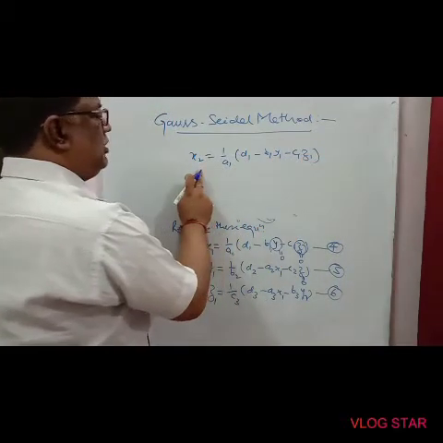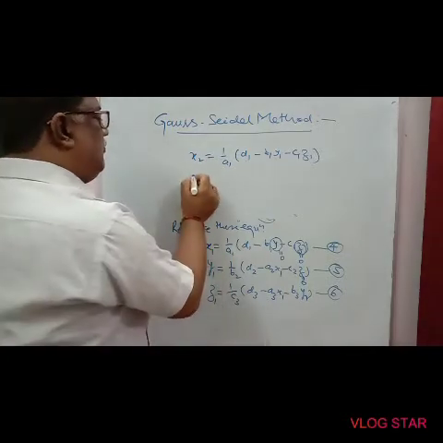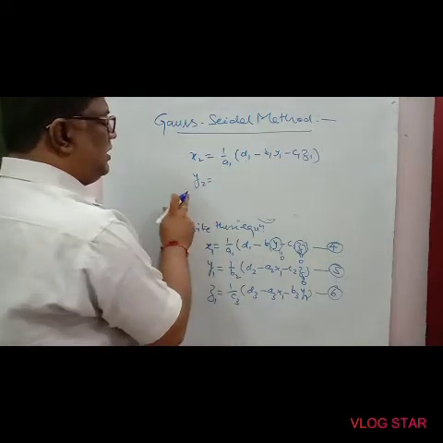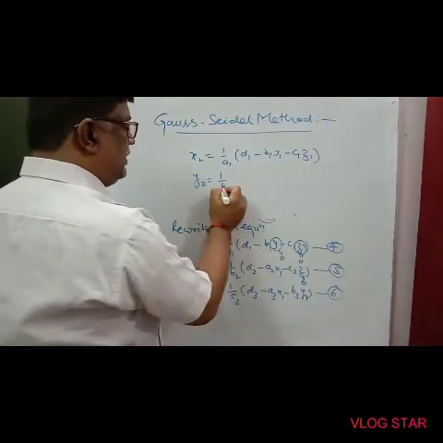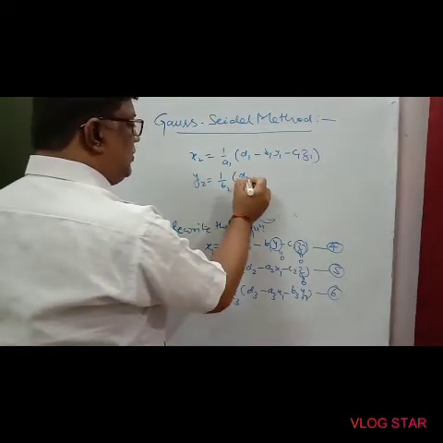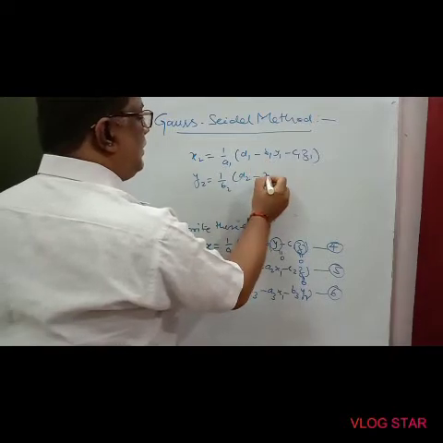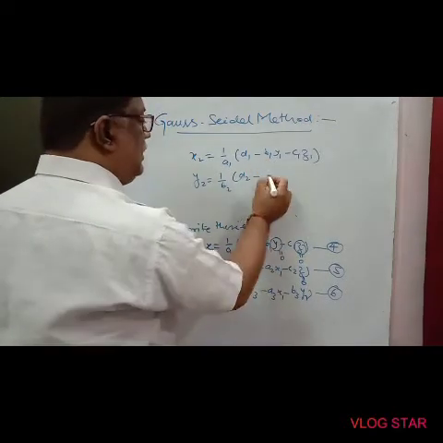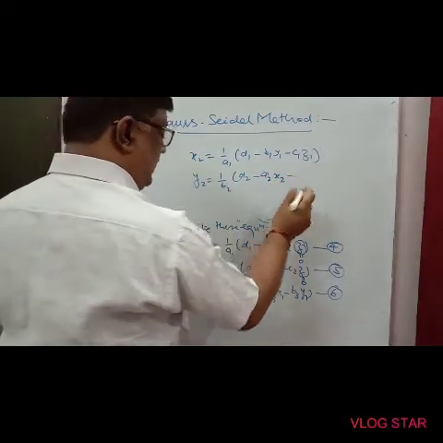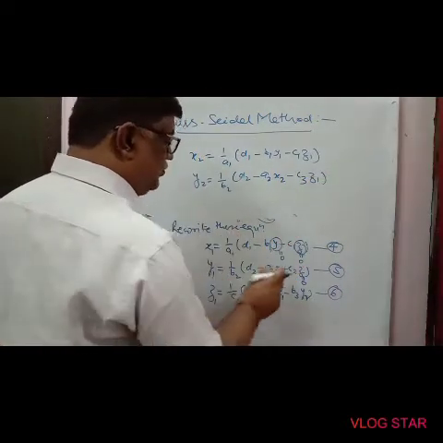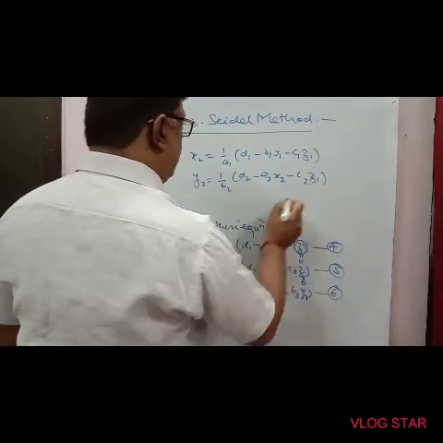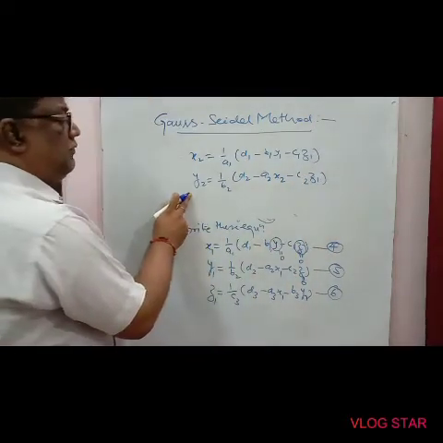This is the second approximation x2. And to find the second approximation y2, we put in equation number 5, 1 upon b2 times d2 minus a2x2 minus c2z1. This is the second approximation y2.